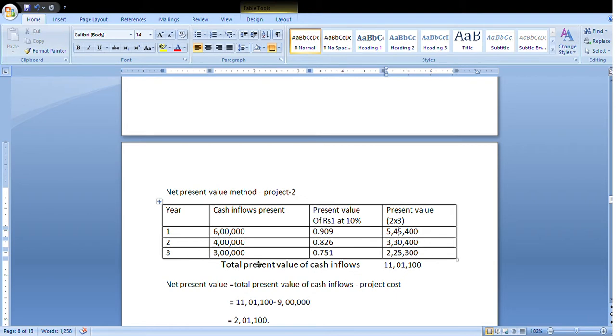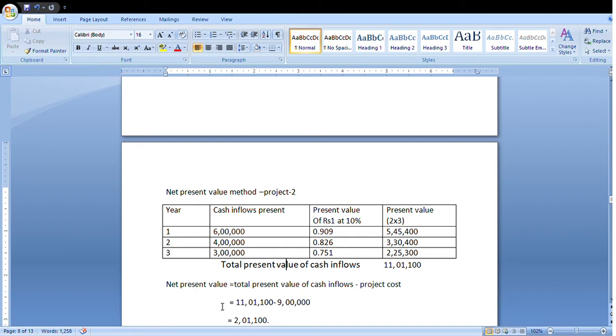Third column, this multiply gives 2,25,300. Next, you calculate the total present value of cash flows. You add these all, and the total is 11,01,100.